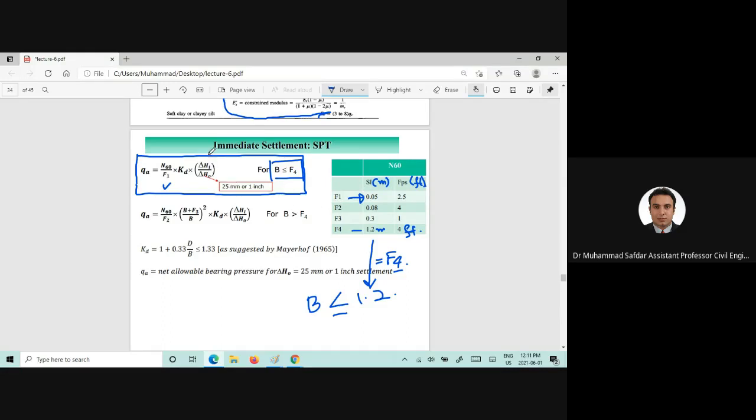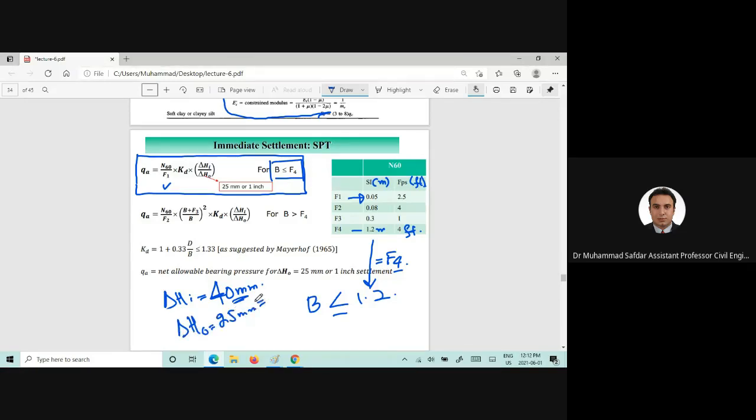Now, how about the delta H_i? Delta H_i would be the value of interest, or the settlement value which we want to find out. For example, if I assume that we want to find out for 40 millimeter settlement, what is delta H naught? Delta H naught is equal to 25 millimeter.